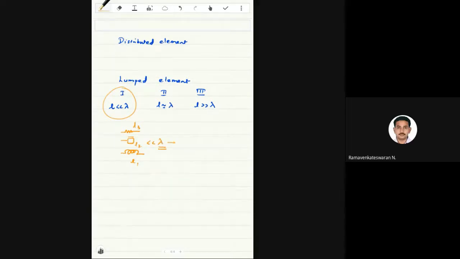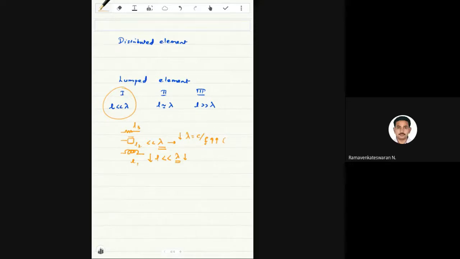The operating wavelength can be found from the operating frequency. If the frequency is very small, not a problem, the wavelength becomes higher, so not an issue. But whenever frequency gets higher and higher, this lambda will come down. Since lambda comes down, I should take care that my length also comes down. So I have to design very small devices for higher frequencies.